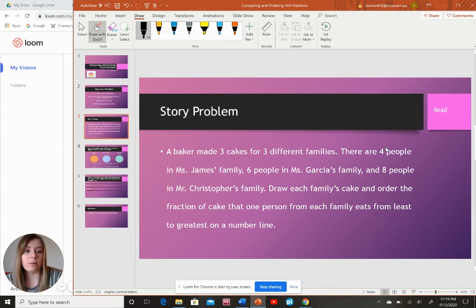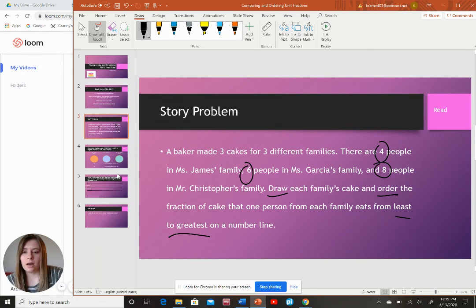So there are 4 people in the James family, 6 in the Garcia family, and 8 in the Christopher's family. So that's going to tell us how we're going to slice our cake up. After it gave us that information, it said that we are going to draw each family's cake. So that's our first instruction. And then it says we're going to order the fraction of cake from least to greatest on a number line. So that's what we're going to do with this problem for today.